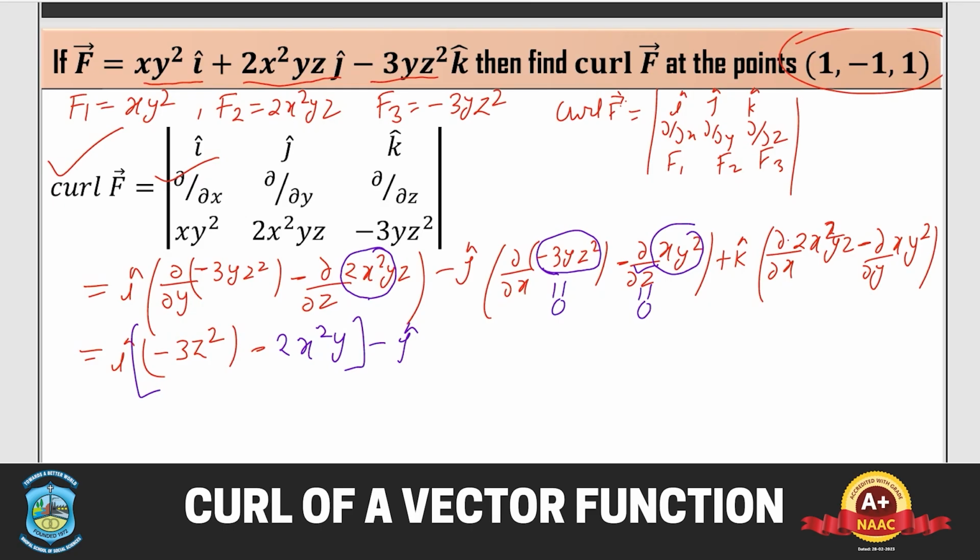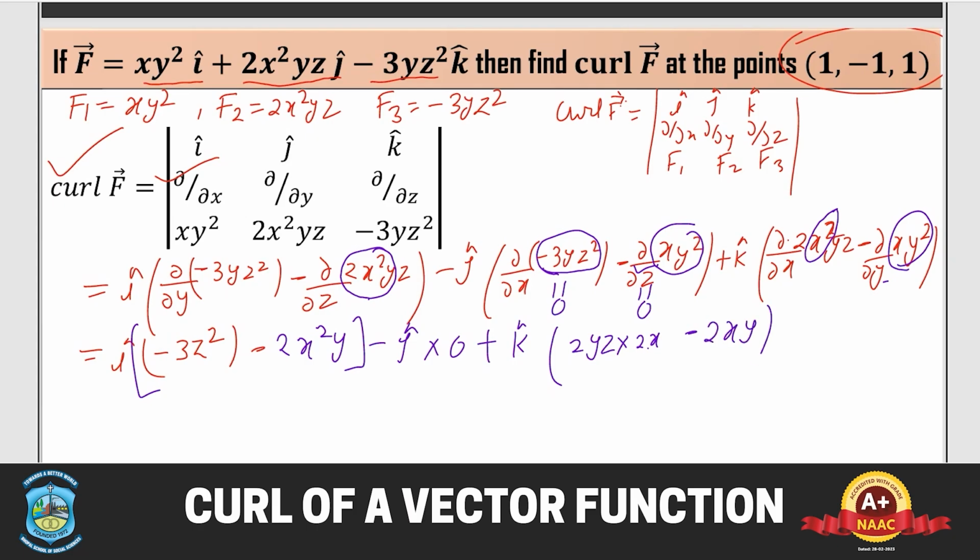So, here we will get 0 into j cap. Now, plus k cap. When we differentiate 2 x square y z partially with respect to x, we just need to differentiate x square as 2 y z deals like a constant. Differentiation of x square is 2x. Minus, again, when we differentiate x y square partially with respect to y, we get minus of 2 x y.